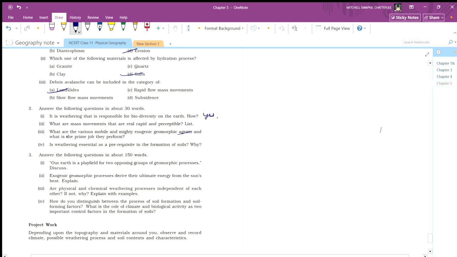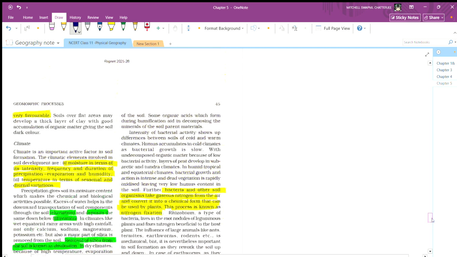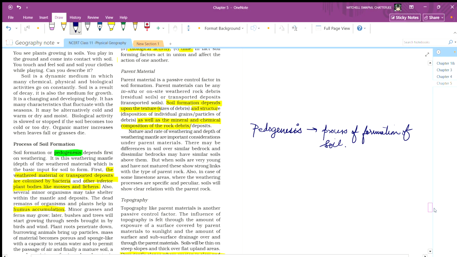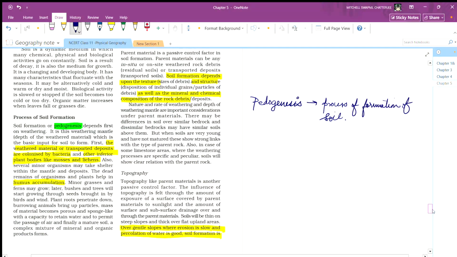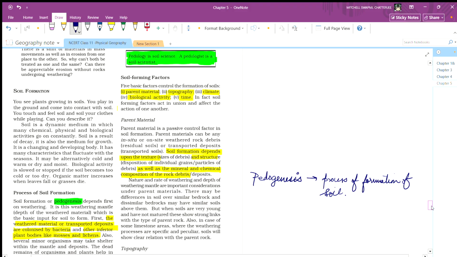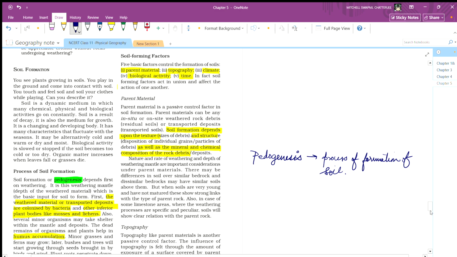Is weathering essential as a prerequisite in the formation of soil? So with that, the chapter is done.